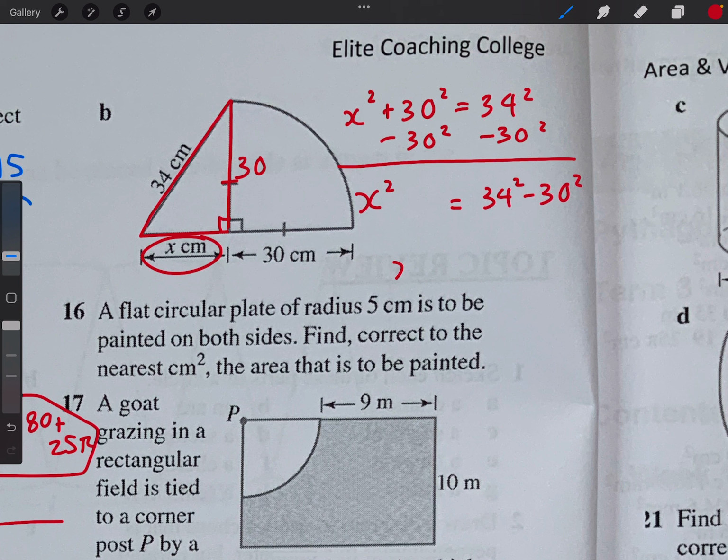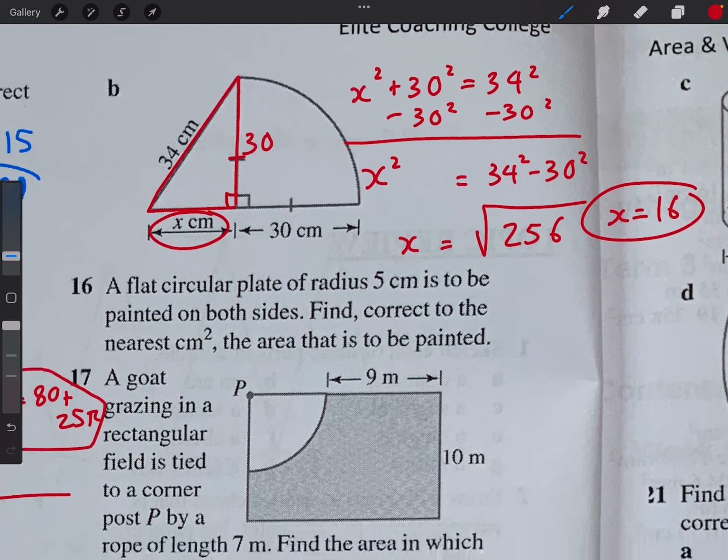And then to find x, we have to do the square root of whatever answer we get there. So I'm just going to do this real quick. 34 squared take away 30 squared is equal to 256. Do a square root of that, and you're going to get 16. So x equals 16. Now, in these two cases, the answer is a whole number, but it's not always a whole number.